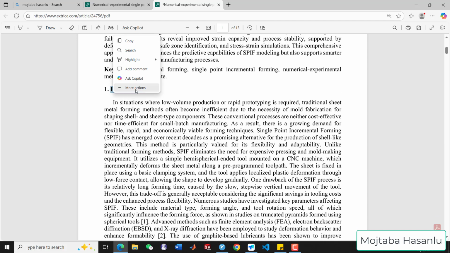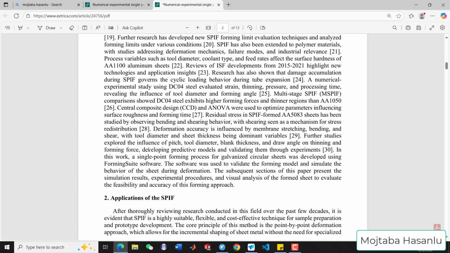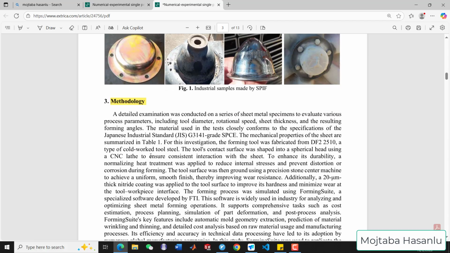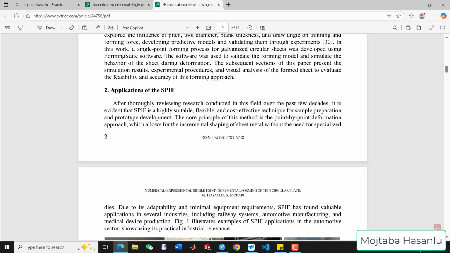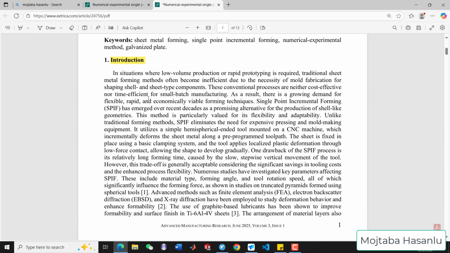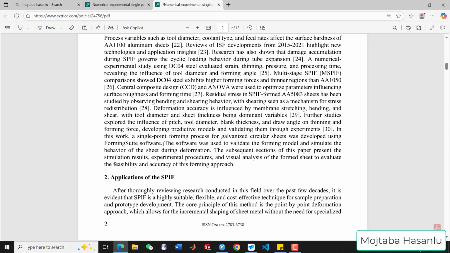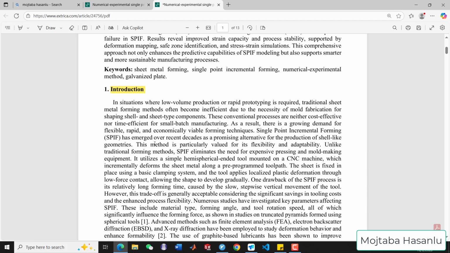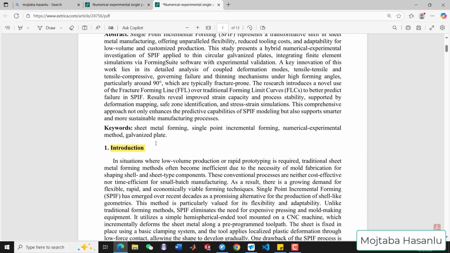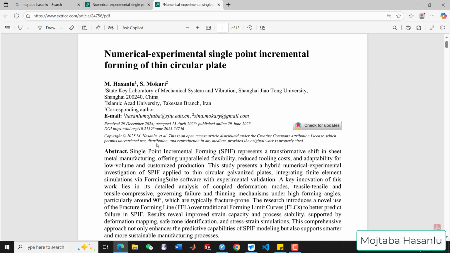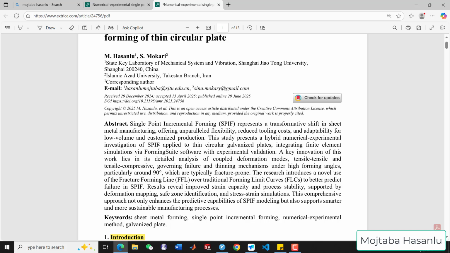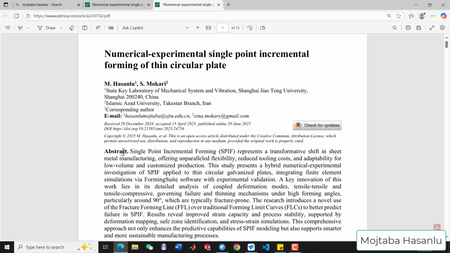Number 1 is introduction, and number 2 generally is methodology. But in this paper, because applications is separated from the introduction, I said number 3 for methodology. But generally, number 2 is methodology.